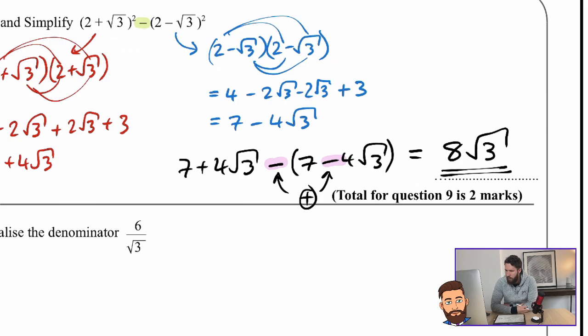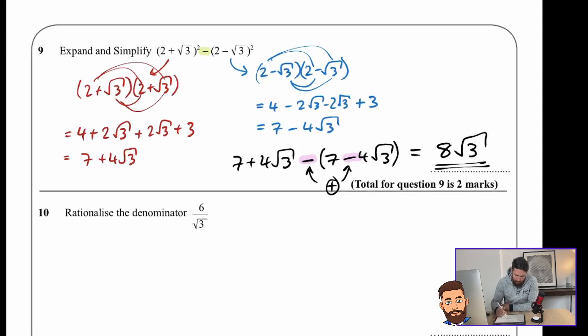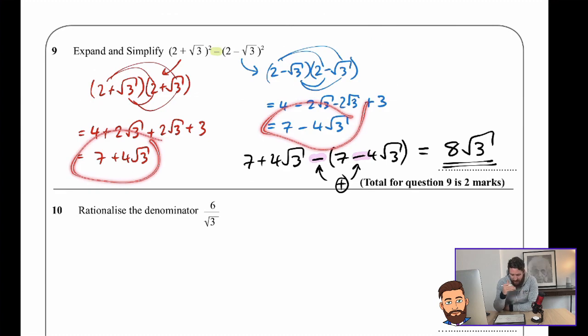Okay, so hopefully you managed to expand the brackets fine. It's just that last bit, they always put it in questions with a minus. Students always get 0 because they see you've got the same thing and you're taking it away. But a double negative stops it from being 0.